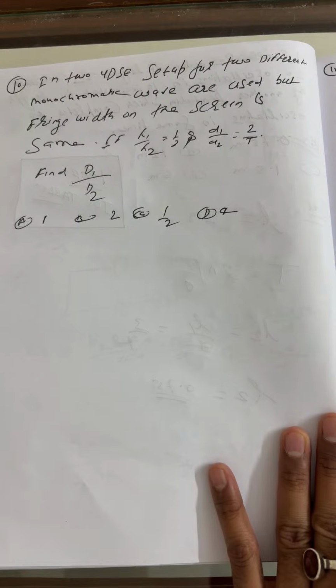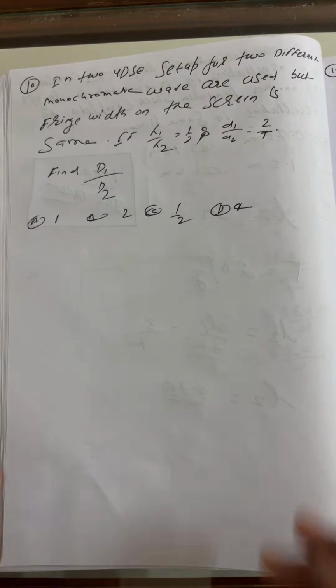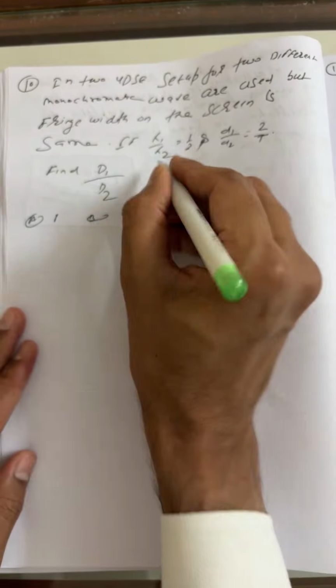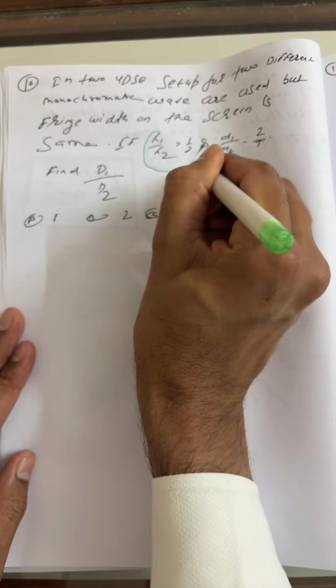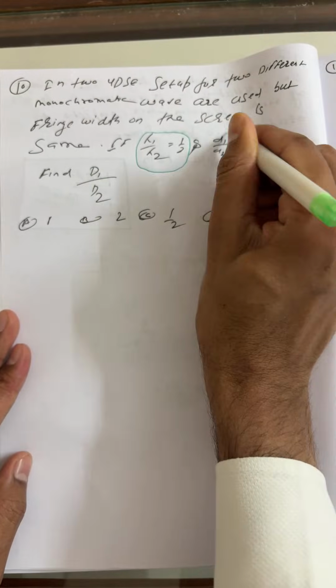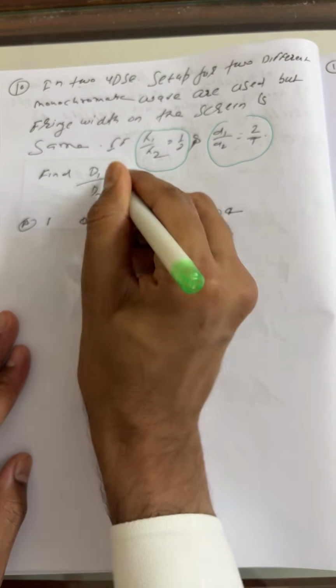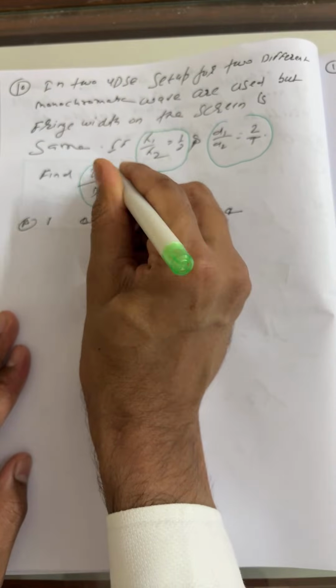If they are saying the fringe width remains the same, then there is some relation mentioned. I can say lambda 1 upon lambda 2, this is d1 by d2. So we have to find d1 by d2. You know how easy the question is.